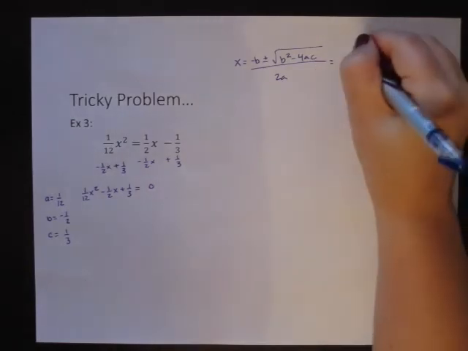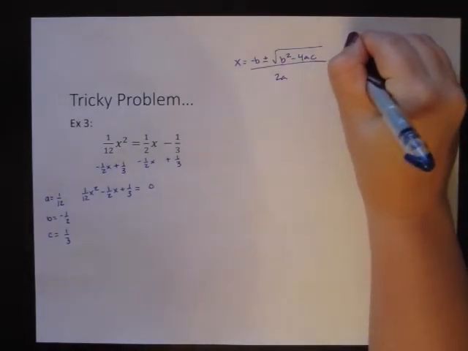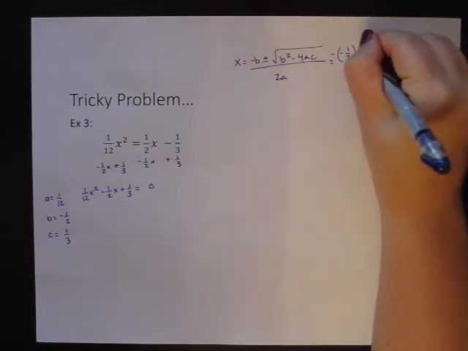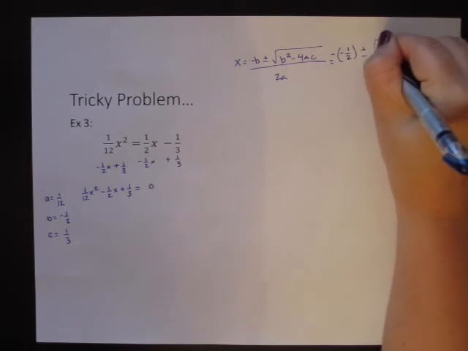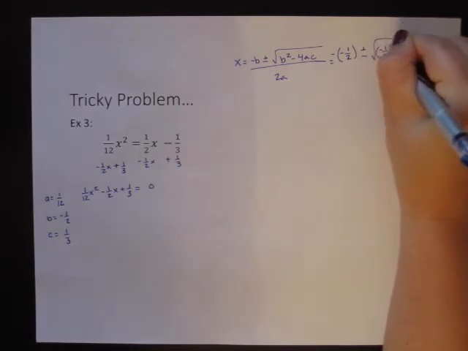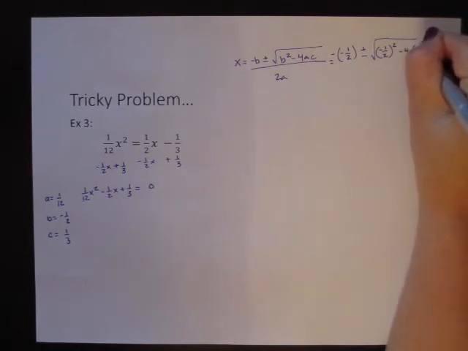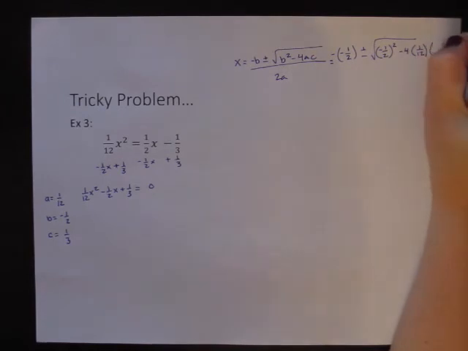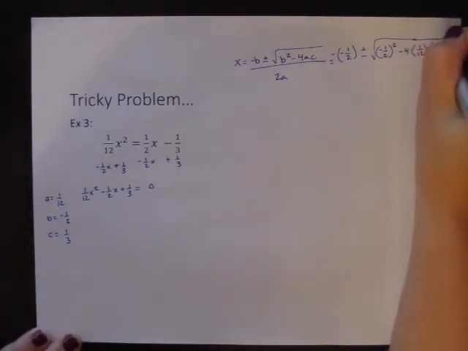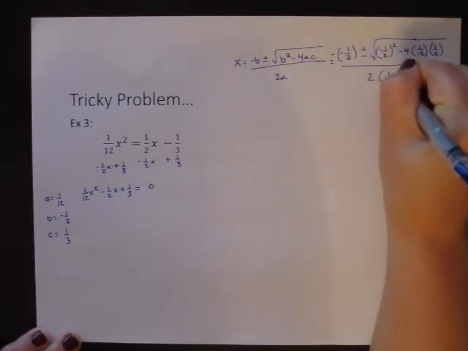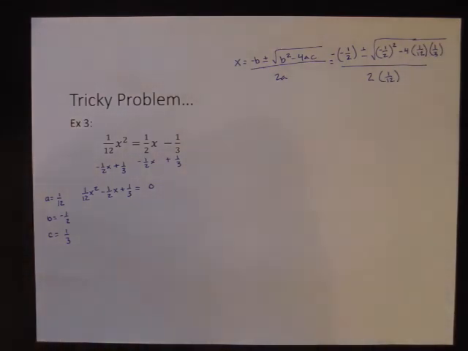So when I plug it in, it's going to be -(-1/2) plus or minus the square root of -1/2 squared minus 4 times 1/12 times 1/3 all over 2 times 1/12. Give you a second to copy that down.